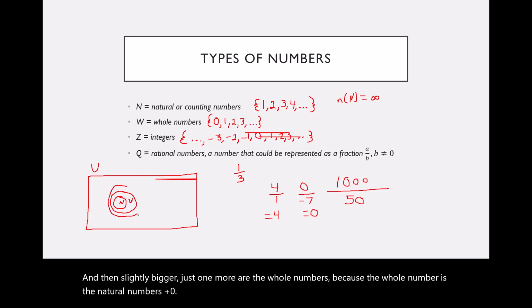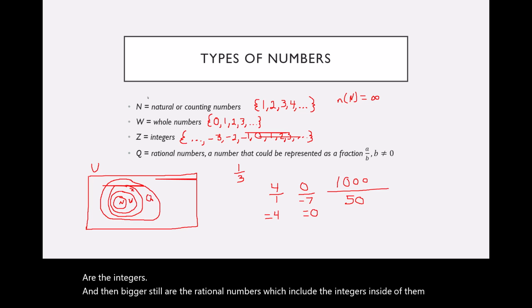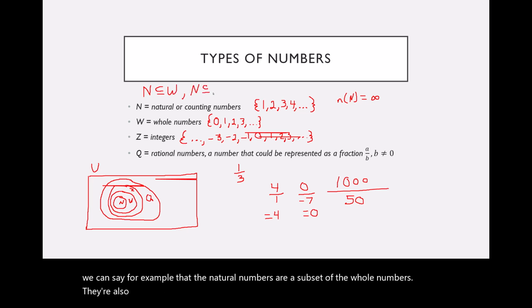And then bigger still are the integers, and then bigger still are the rational numbers, which include the integers inside of them. So we can say, for example, that the natural numbers are a subset of the whole numbers. They're also a subset of the integers. They're also a subset of the rationals.